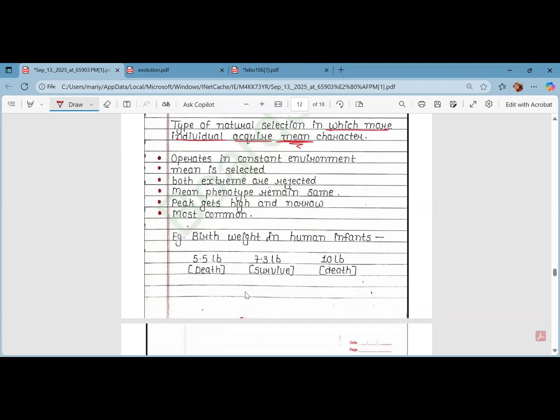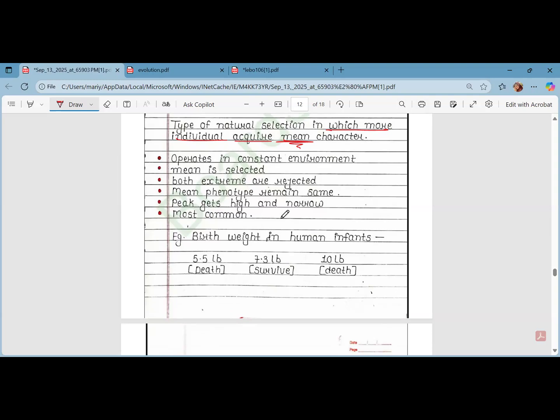So it operates in a constant environment. Mean is selected and both extremes, like 0 and 100, are rejected. Mean phenotype remains the same. The peak gets high and narrow.